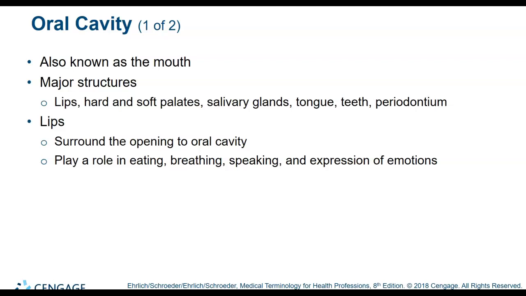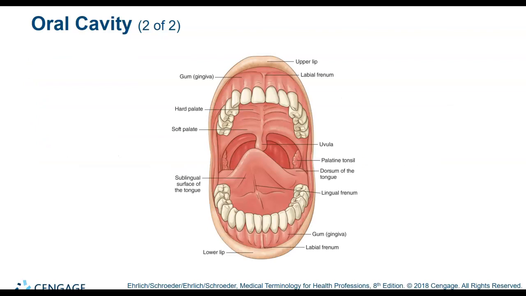The lips surround the opening to the oral cavity. Our lips play a role in eating, breathing, speaking, and expression of emotion. You can see that when somebody's upset, they kind of purse their lips, or if they're having trouble breathing, as we take deep breaths, we will kind of put our lips together. So all of that plays a part.